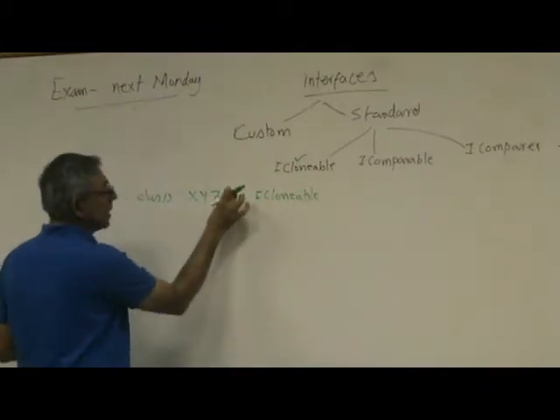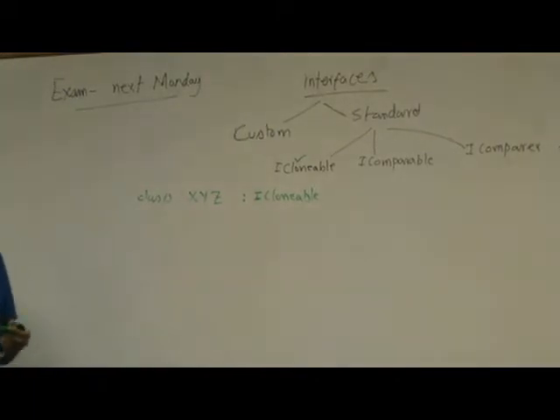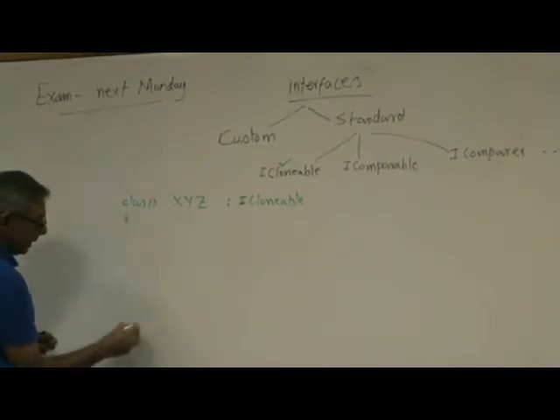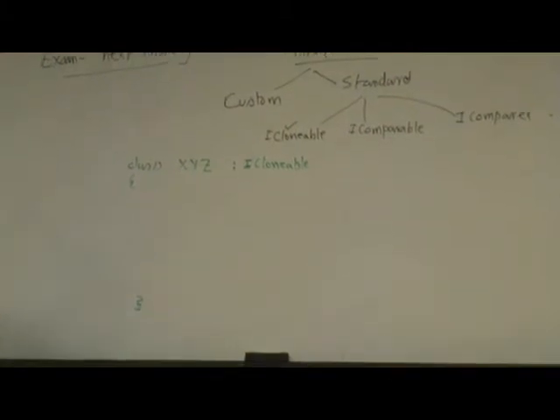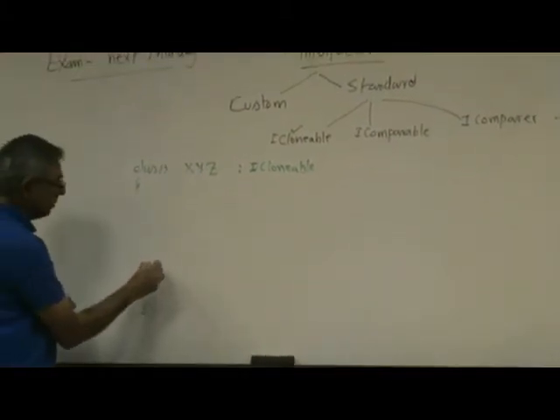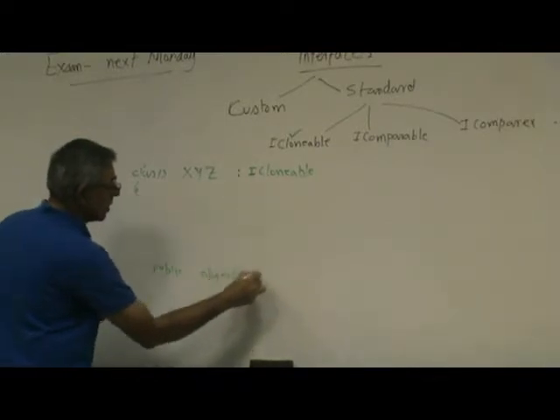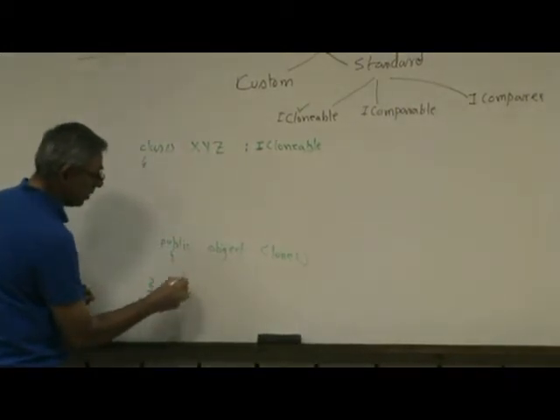C# uses the same syntax as inheritance for implementing an interface, because interfaces act as base references for all practical purposes, right? Okay, so as soon as we do this, and if you right-click on it through quick actions, implement interface, it will give you a public object Clone method, right?